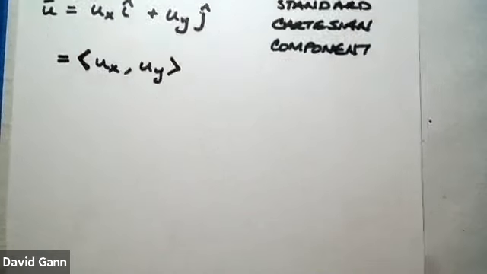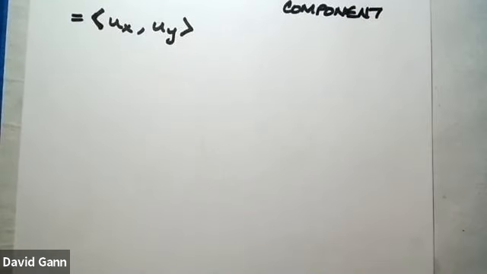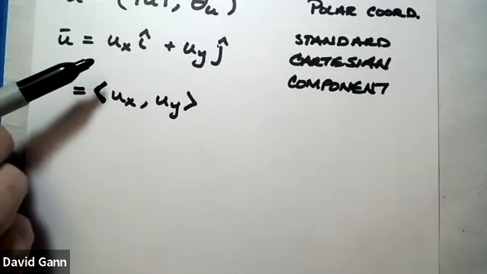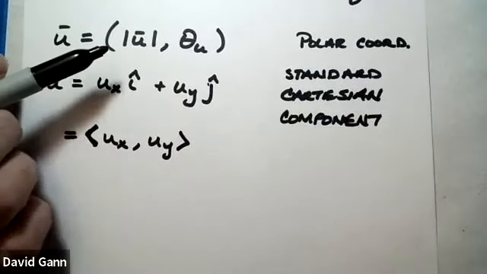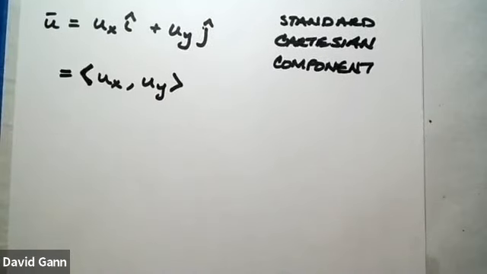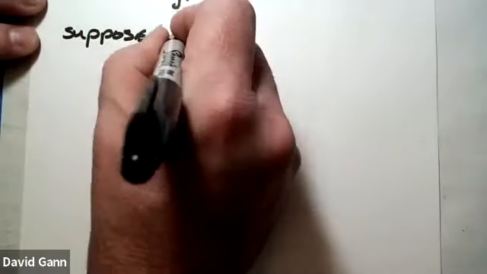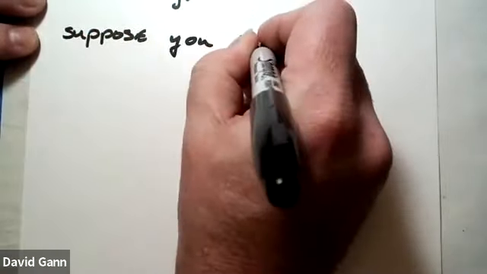So let's talk about addition of vectors and see why that's preferential in this form as opposed to the other one. I'll do that very quickly and then we'll end this video. So suppose you have two vectors.